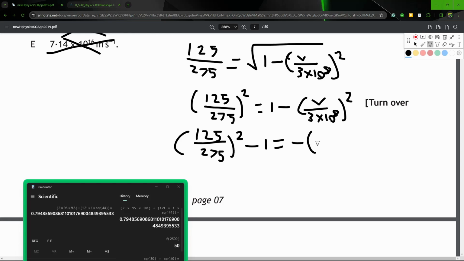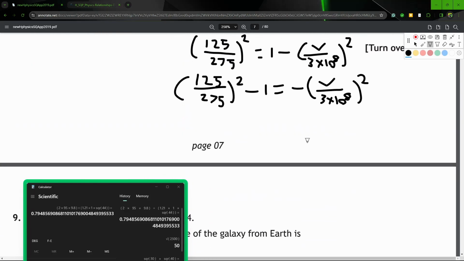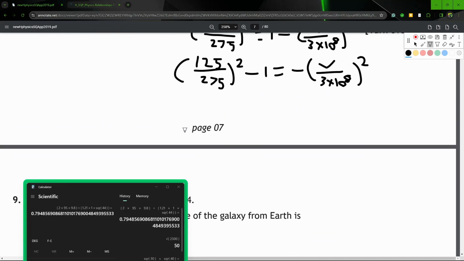So you have this minus term now. Fantastic. Times everything by -1. So that's +1 equals V over 3 times 10 to the 8.